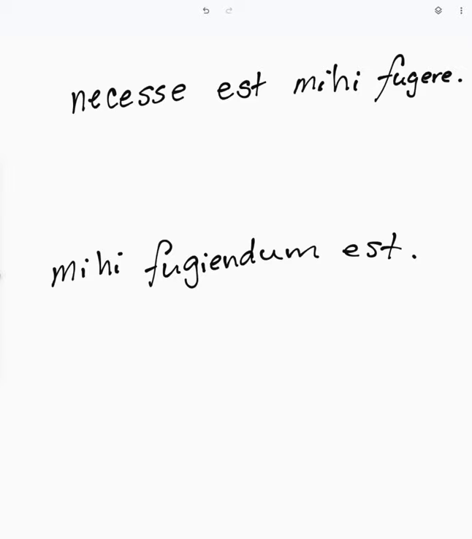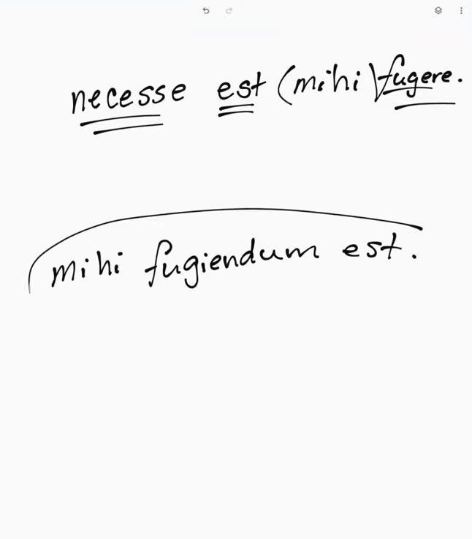We have one in a normal verb infinitive construction. For example, it is necessary for me to flee. Nothing that complicated. But when we look at it in the sense of this gerundive, it's a little bit different.